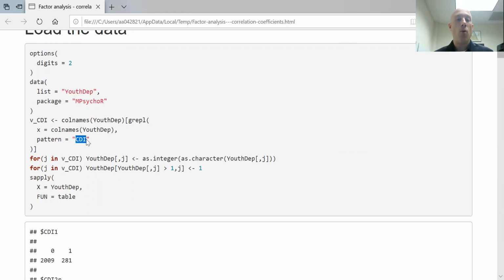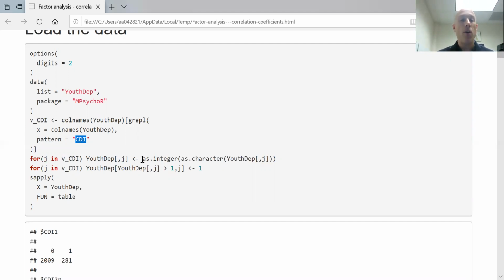Okay, so it's ordinal. For the first example, we're going to use the tetrachoric correlation, which only takes 2 levels. So I'm going to go ahead and convert this to zeros and ones, where 1 means it's 1 or 2 as I perform this analysis.